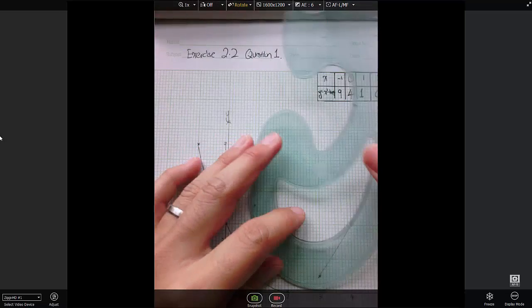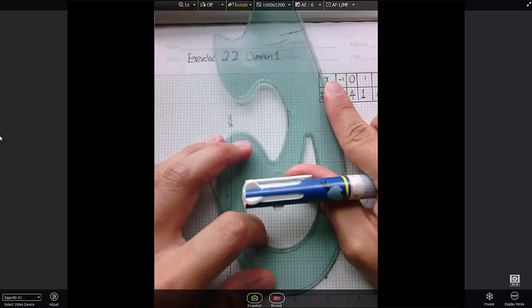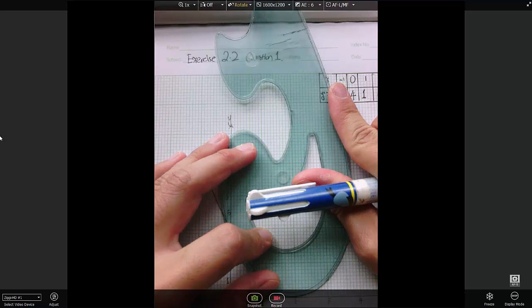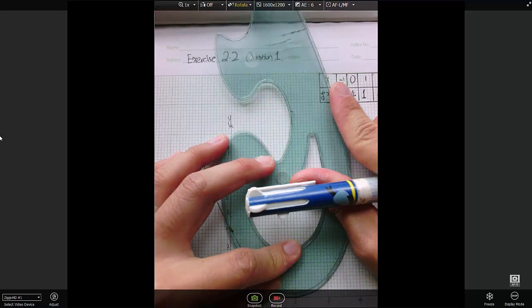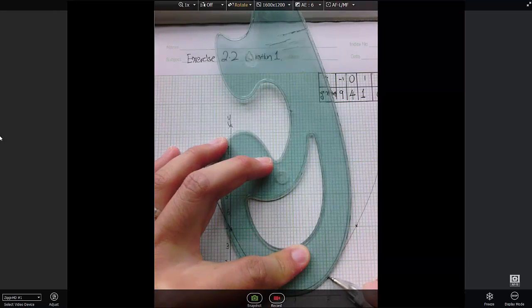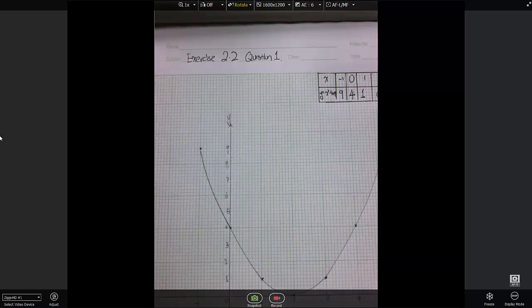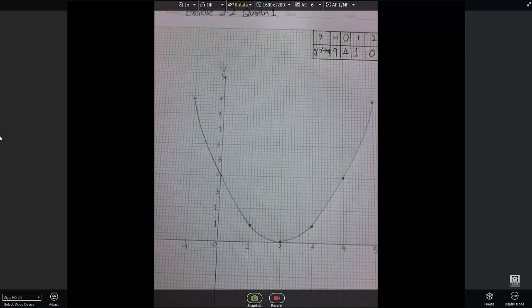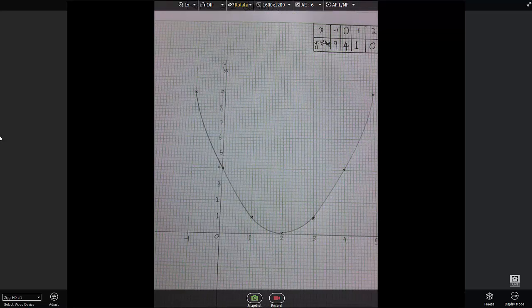Notice I'm struggling with this because the eye pivot is in the way, but this looks like a pretty good fit. And I have a quadratic graph, which is not so good, but more or less it's okay.